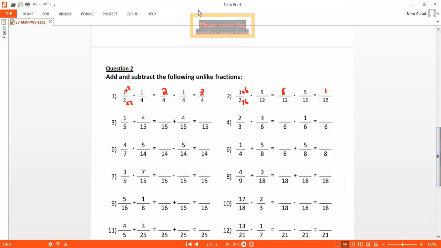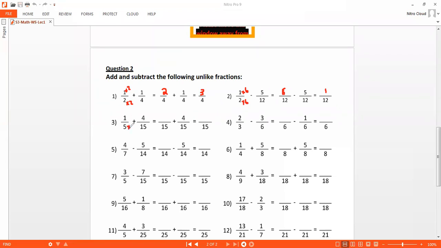Let us continue to number 3, and I'm going to continue with Hala Hasham. Number 3, we have 1/5 plus 4/15. 5 times 3 and 1 times 3.